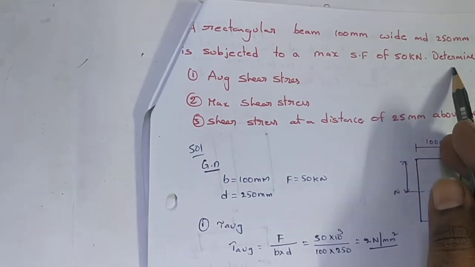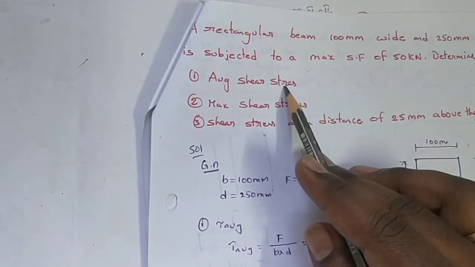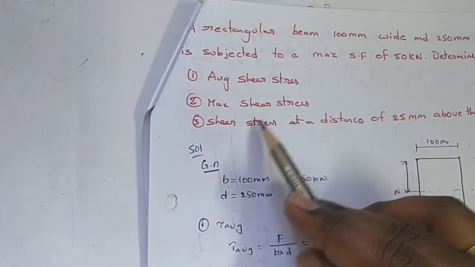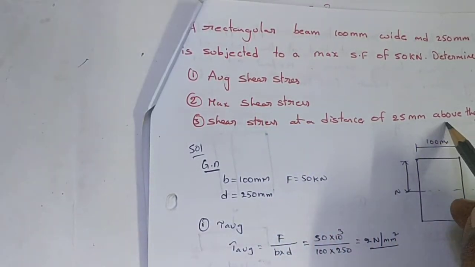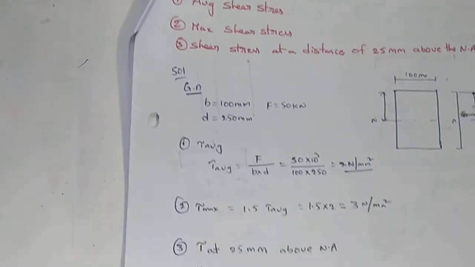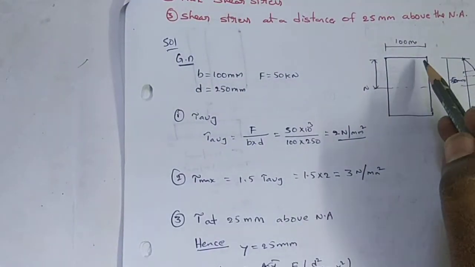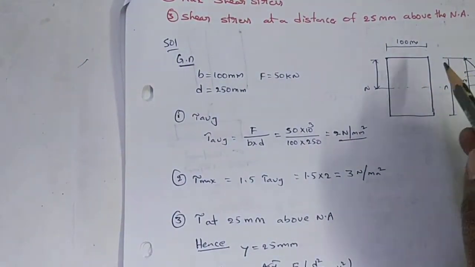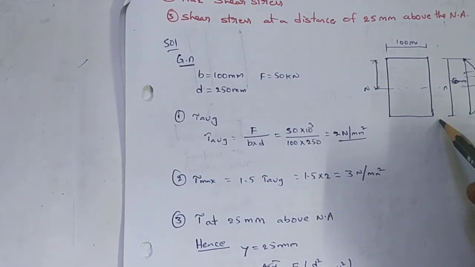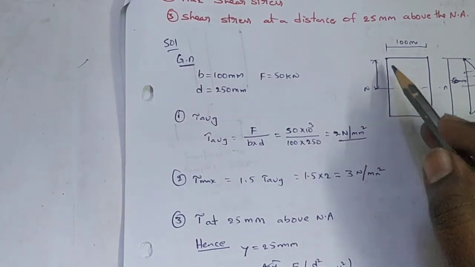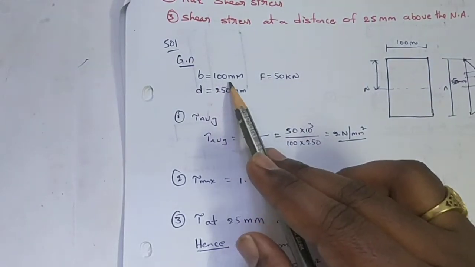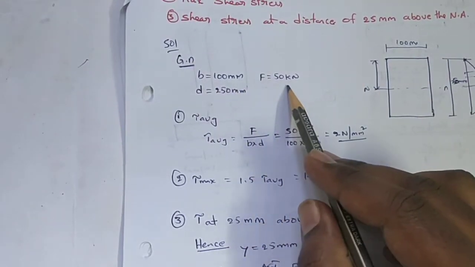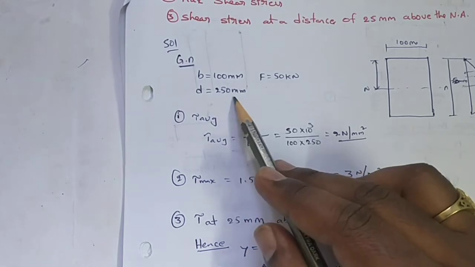For this we need to determine average shear stress, maximum shear stress, and shear stress at a distance of 25 mm above neutral axis. The beam is 100 mm wide and total depth of the beam is 250 mm. Distance from neutral axis to the top section is 125 mm. B is 100 mm, shear force is 50 kilonewtons, and depth of the beam is 250 mm.